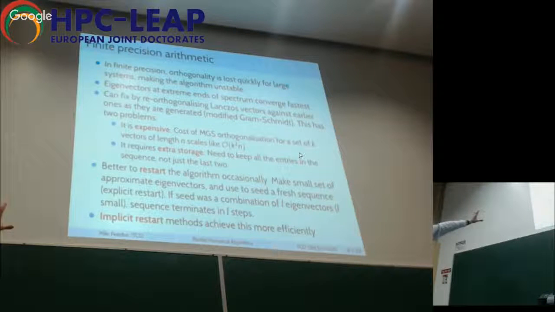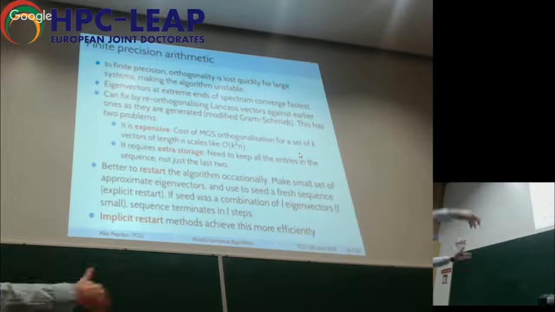So the state of the art, if you like, what a lot of these canned library routines that you could use will actually do, is this notion of an implicit restart. That's basically following the restart philosophy, except as it goes along, it's reconstructing, rejigging the entire sequence.